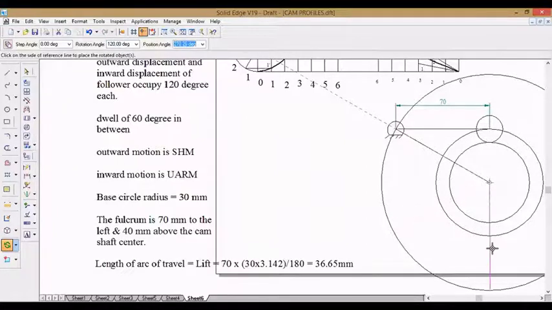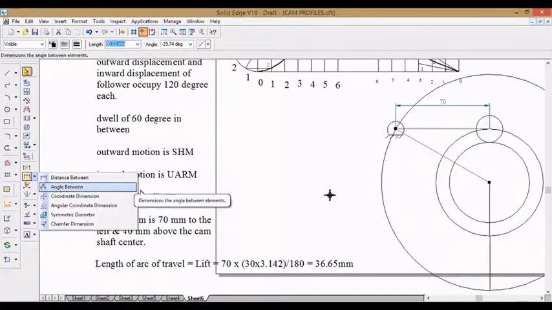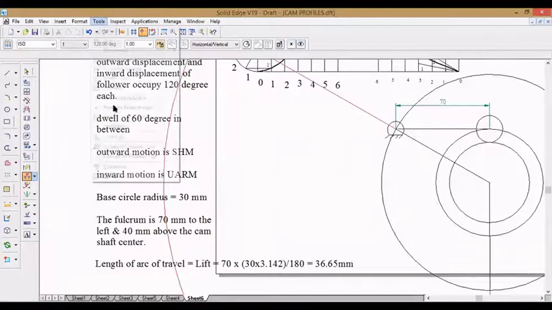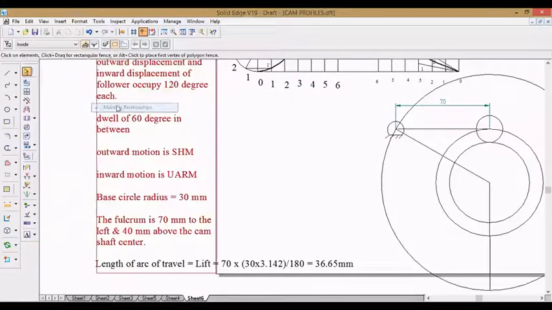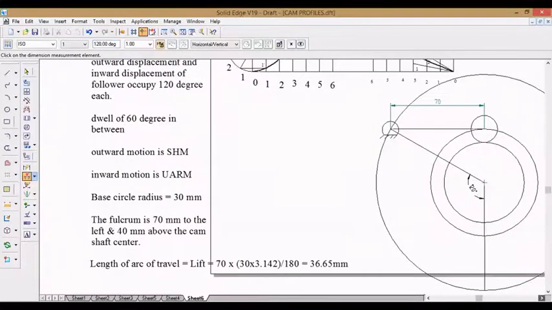So 120 degree, you need to measure with respect to this line. So this angle is going to be 120 degree, the angle between these two. Got it? So this is the main difference.